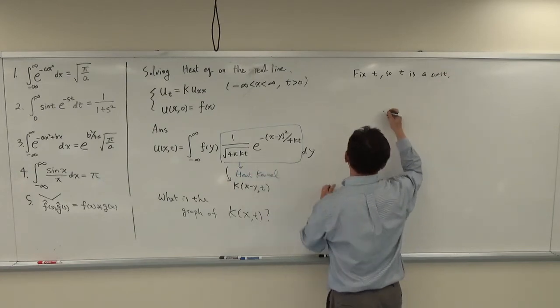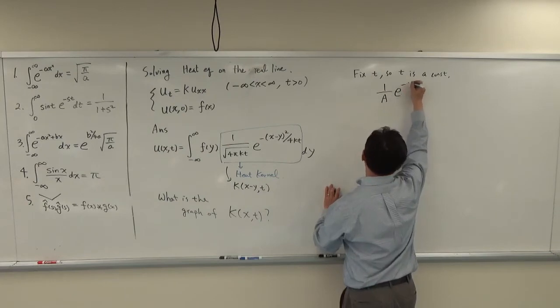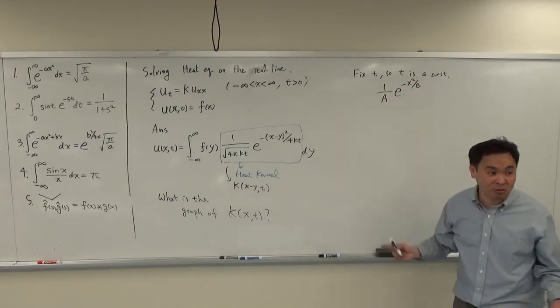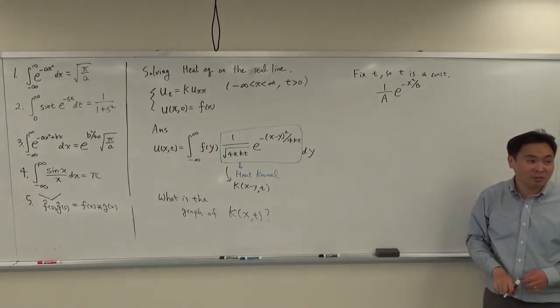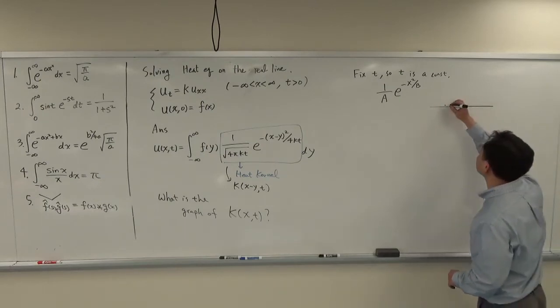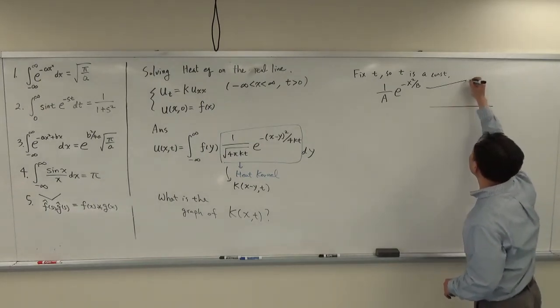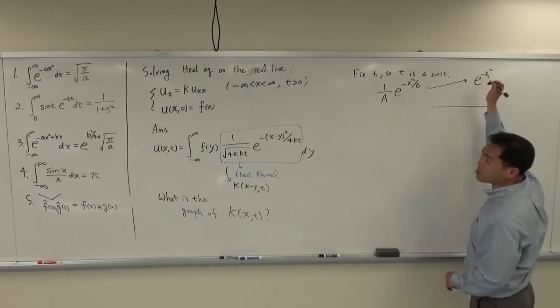Then the shape looks like 1 over some constant, e to the negative x squared over some constant. K is some constant, t is some constant. What's the shape of this? Well, you will have the parent function as e to the negative x squared, don't you agree?